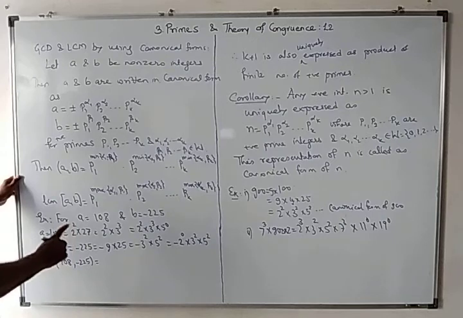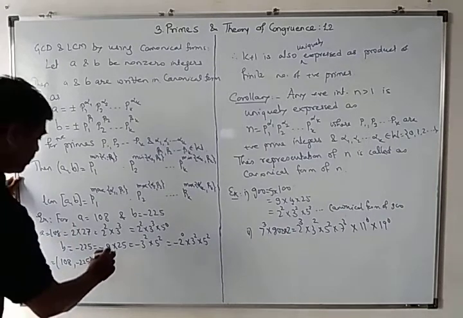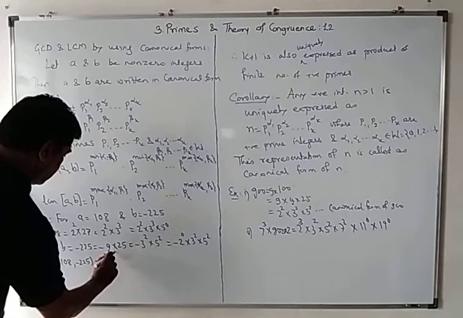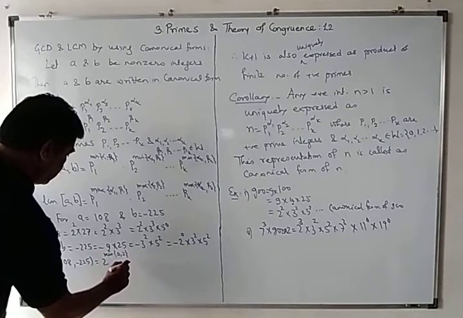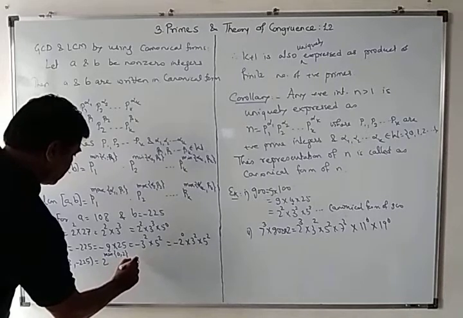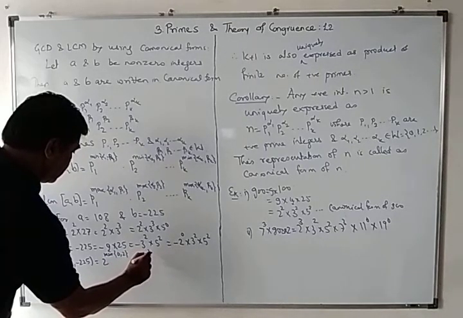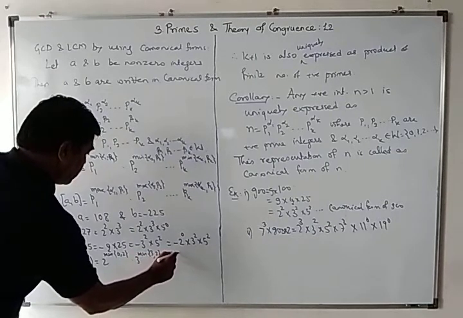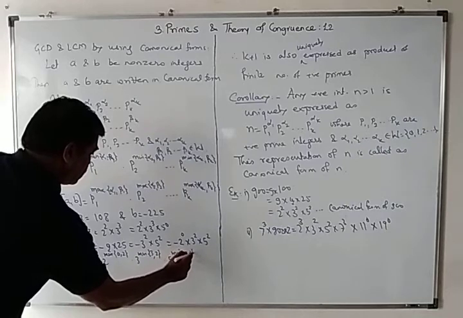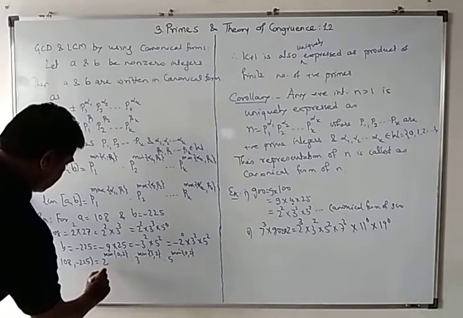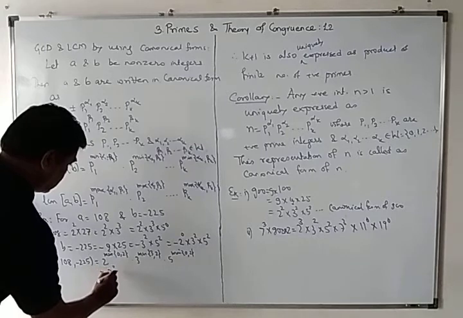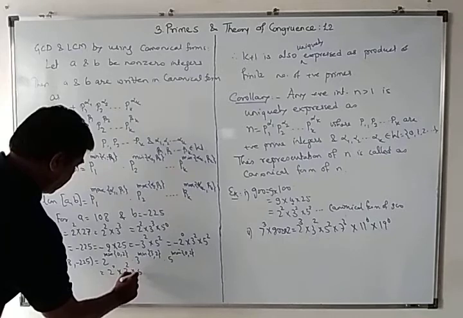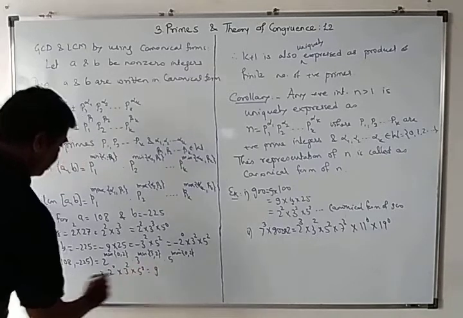So we get 2 raised to minimum of 2, 0 into 3 raised to minimum of 3, 2 into 5 raised to minimum of 0, 2. So it is nothing but 2 raised to 0 into 3 square into 5 raised to 0, which is nothing but 9.